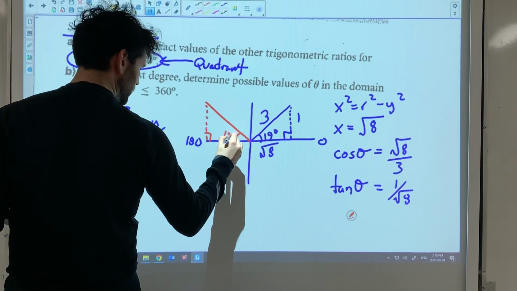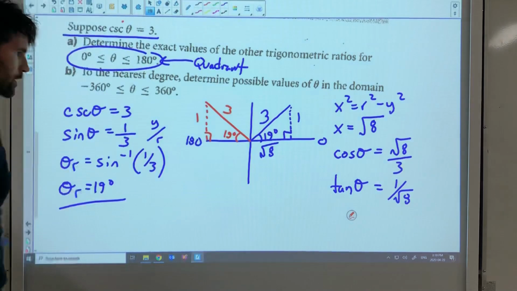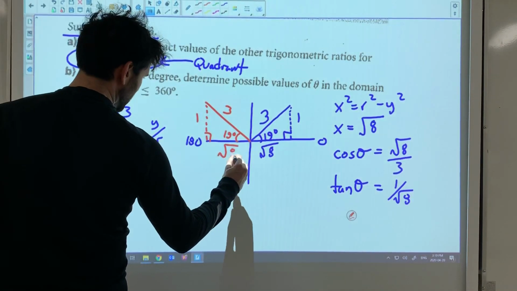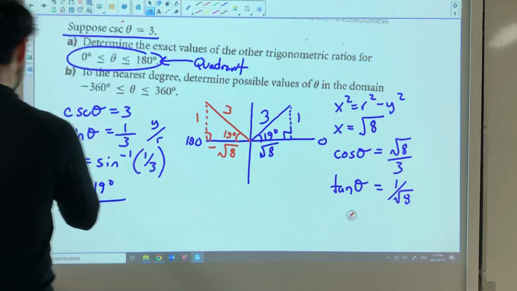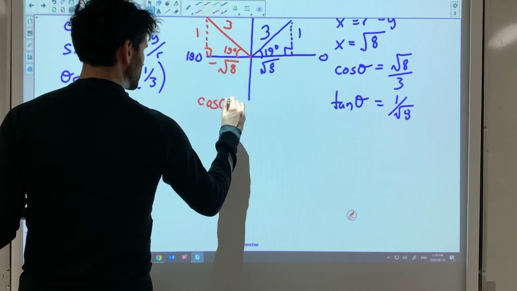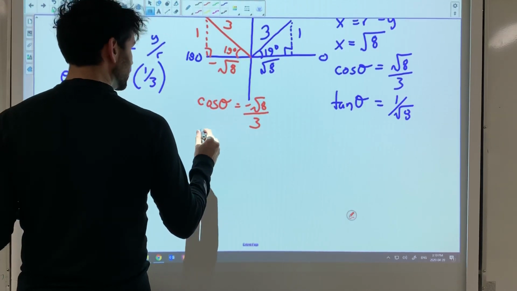So you can have a reference angle of 19 degrees, and that would give you the same ratio, 1/3 for sine. The only difference here is you're going to get negative square root 8 for the x because you're in quadrant 2, and that would change all of your trig ratios. So now cos theta is negative square root 8 over 3.